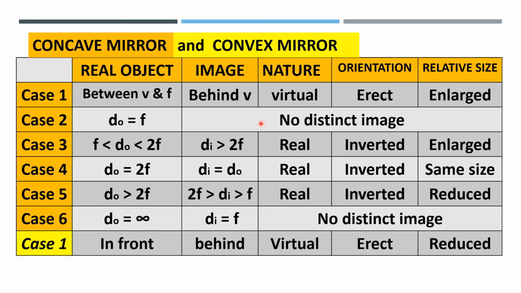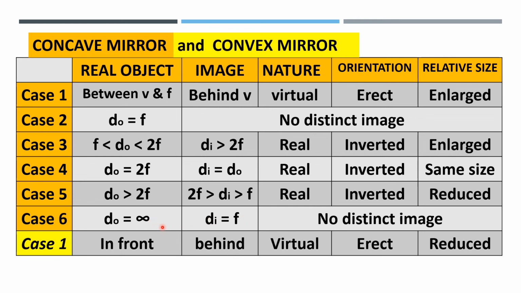If you are going to prove this using a ray tracing diagram, you will find out that the reflected rays will all be parallel to the principal axis, and there will be no intersection or meeting of the reflected rays. Hence, we say that no distinct image is formed.